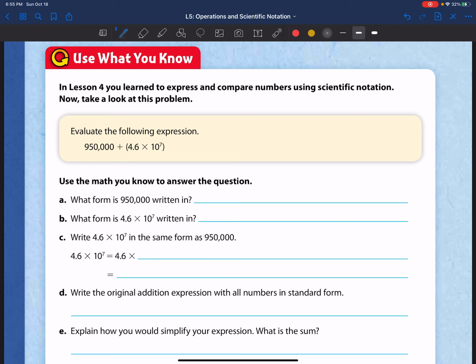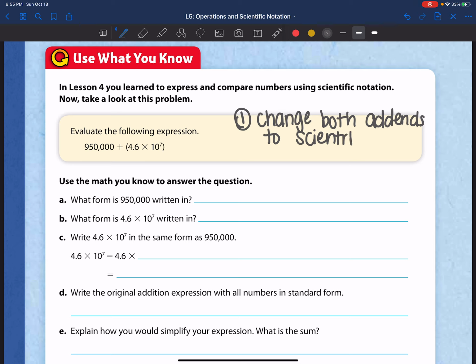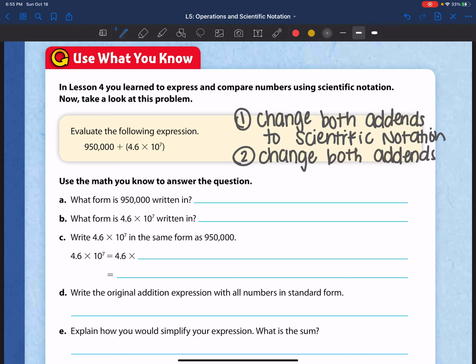Your first option could be to change both addends to scientific notation, or you can change both addends to standard form.